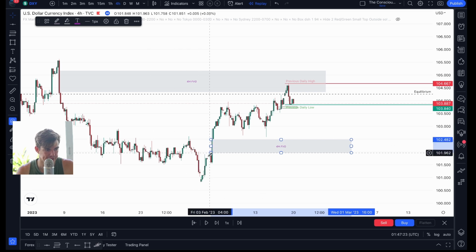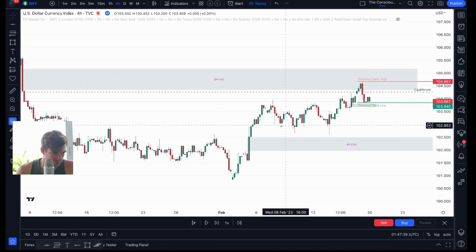Now, we had a break of structure here, came and retested and tapped into, not quite the fair value gap on the 4 hour, and then pushed higher, so you got a rejection. Where would that fair value be on that move? You can see a bit of a fair value gap there, which got tapped in between these lows here.